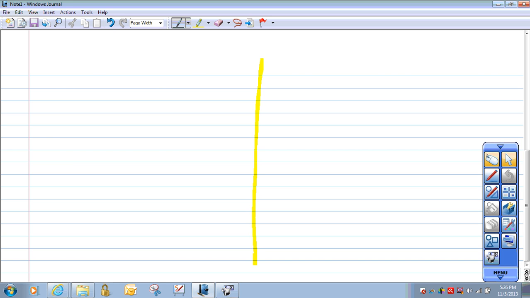Let's look at another way that we can identify relationships. Let's put a symbol instead of a number. This triangle is equal to 3 times 7. Okay.